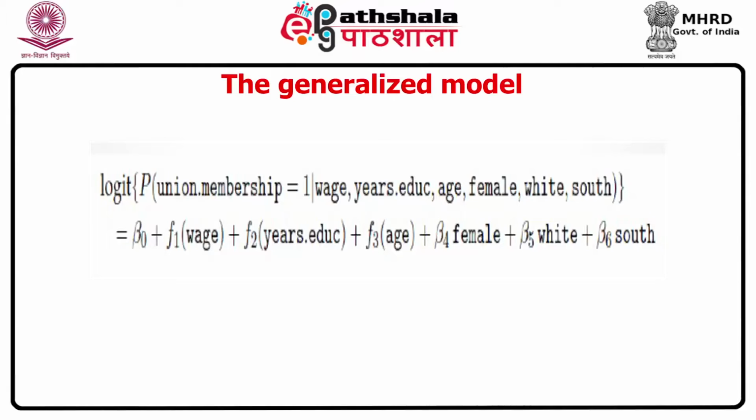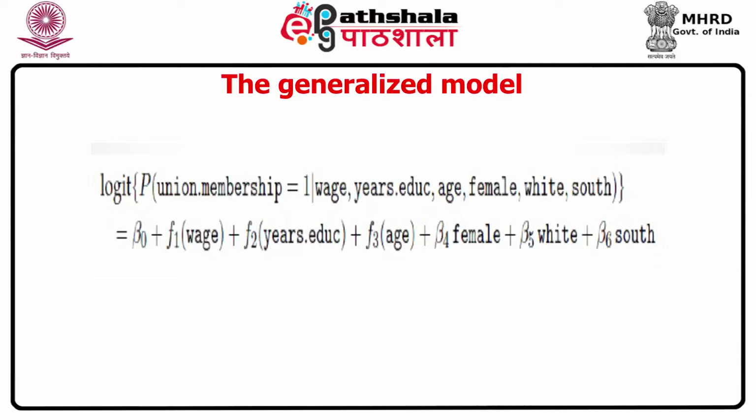However, for the first three covariates, wage, years of education, and age, which are continuous, I do not have the usual coefficient into covariate. Instead, I have replaced these by F1 of wage plus F2 of years of education plus F3 of age. The functions F1, F2, F3 are not assumed to have any particular form.